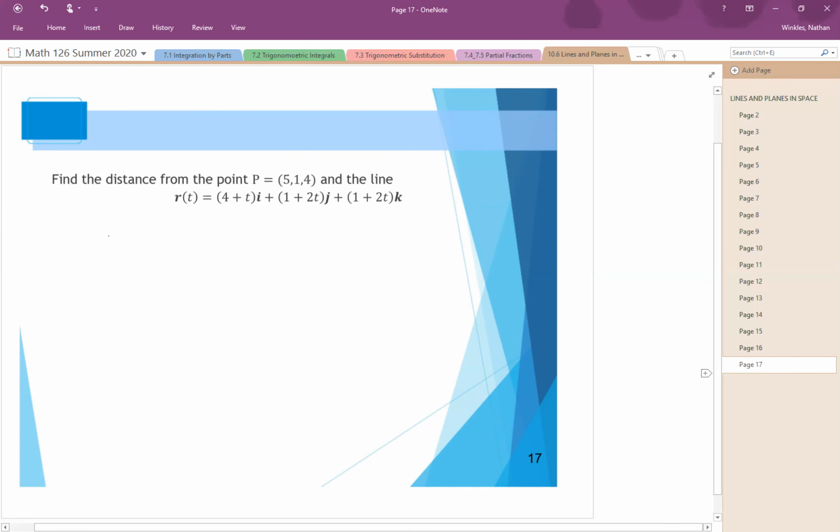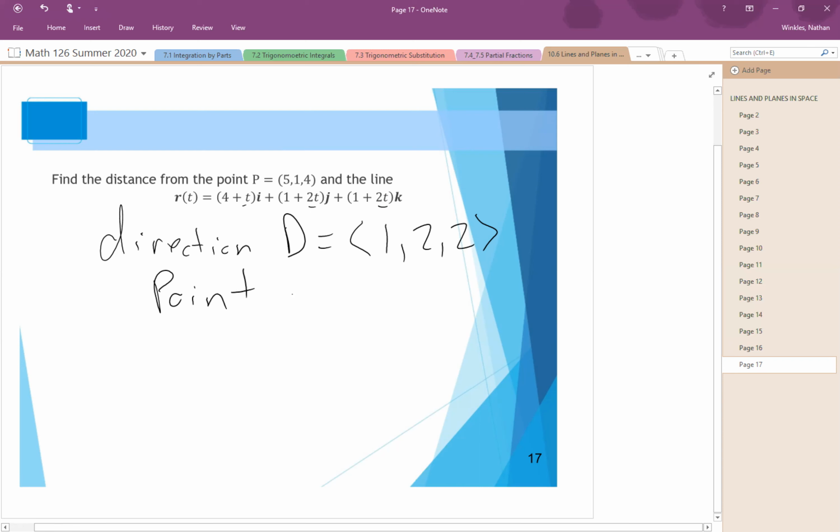In other words, our direction d is based off of the t terms, so it is 1, 2, 2. It contains the point (4, 1, 1).